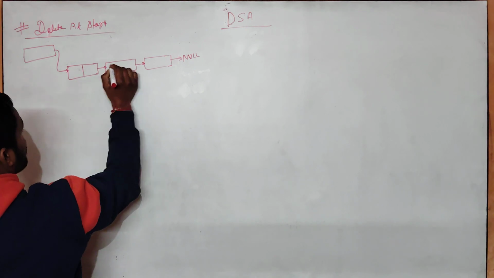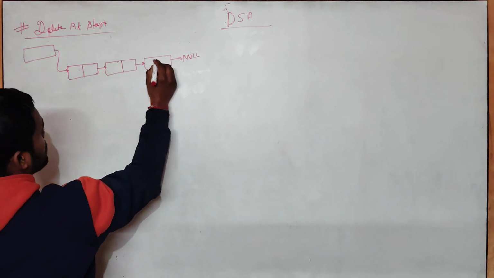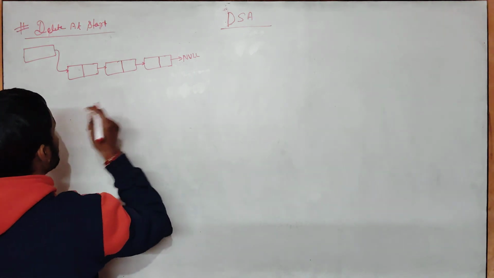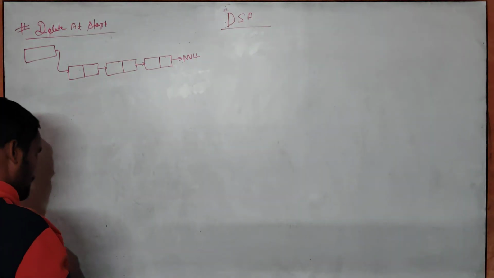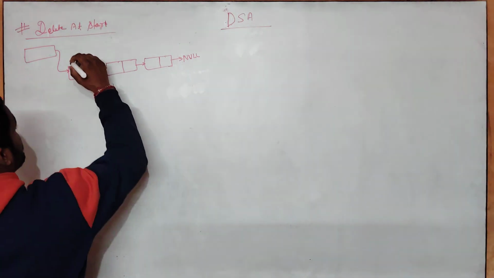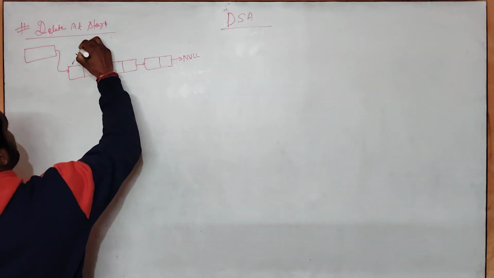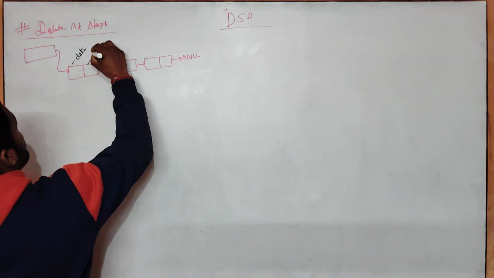Our node is divided into two parts. The first part stores the data and the second part stores the address. Here is stored data, here is stored address.